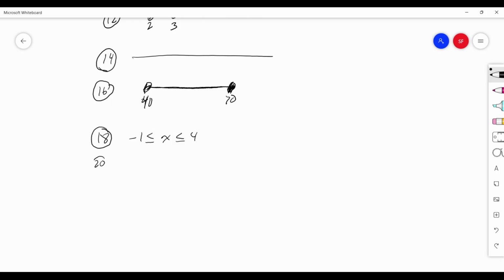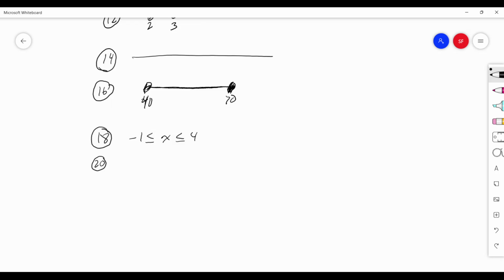Number 20 is, you could write this either way.